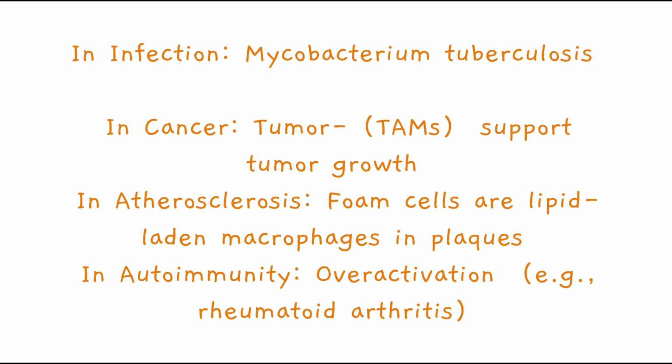In autoimmunity, overactivation can cause tissue damage like rheumatoid arthritis. Then clinical relevance includes checkpoint inhibitors and reprogramming macrophages in cancer. With nanoparticles, drugs can be delivered directly to macrophages.